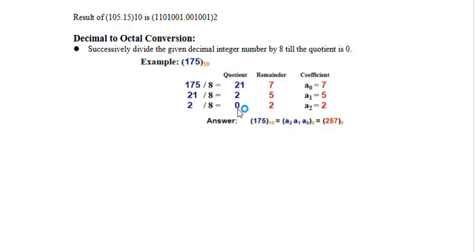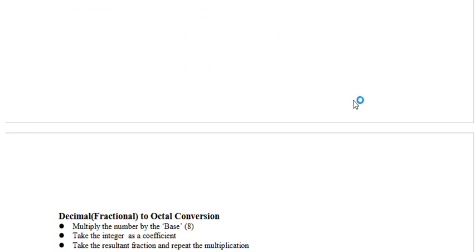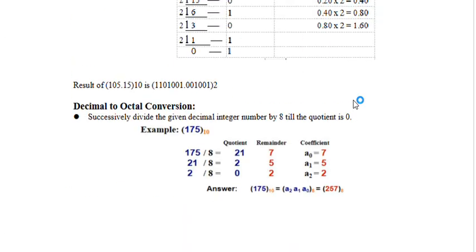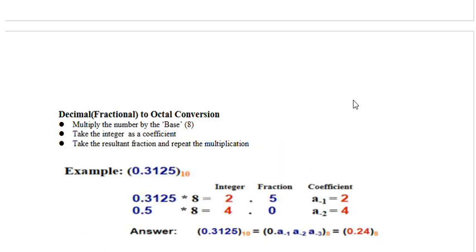So here we have to stop the procedure and write down the final answer, which is a2 a1 a0 of base 8. Since it is octal, that is why we write it as base 8. Okay, now 257 of base 8. Got it? So this is the integer form. Yes or no?